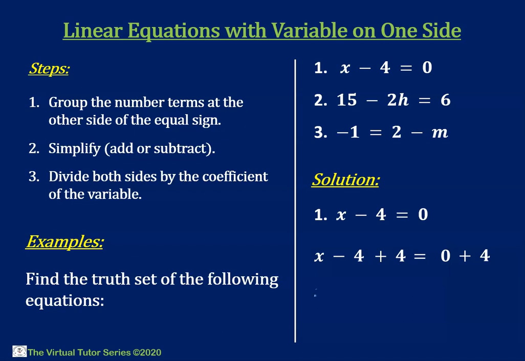So we have x on the left-hand side. And on the right-hand side, we have 0 plus 4 to be 4. Therefore, the truth set is the set that contains the element x, such that x is 4.